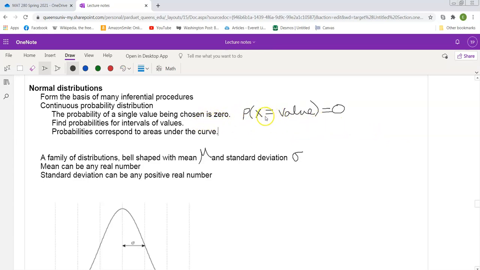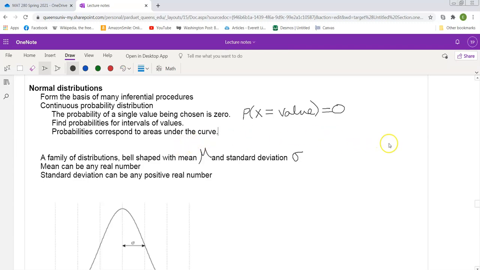And since the probability x equals some number is 0, it doesn't matter if you talk about less than versus less than or equal to, because the equal to just doesn't make a difference. Same thing is true if you talk about the probability greater than. That's the same as greater than or equal to.